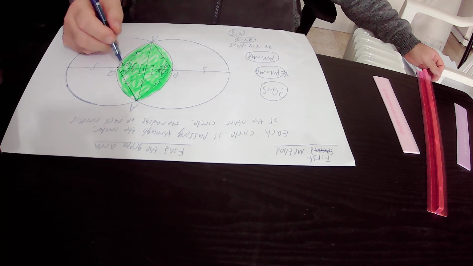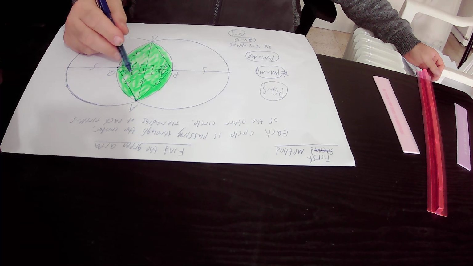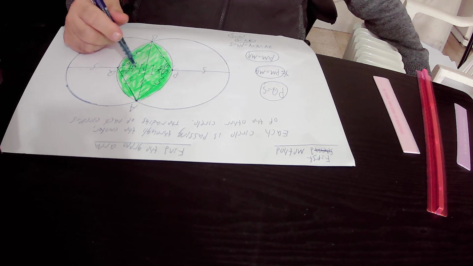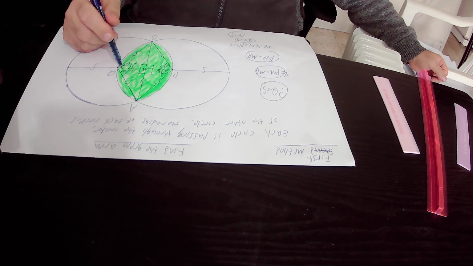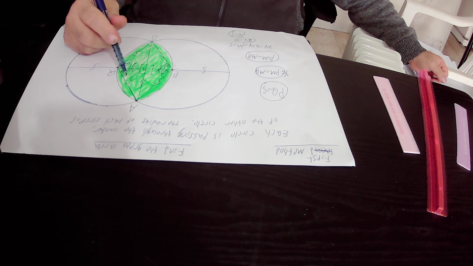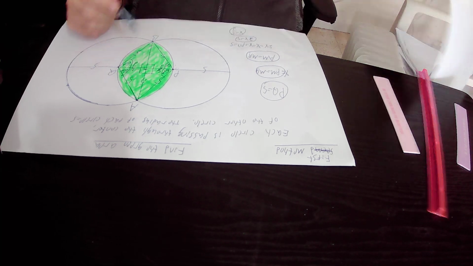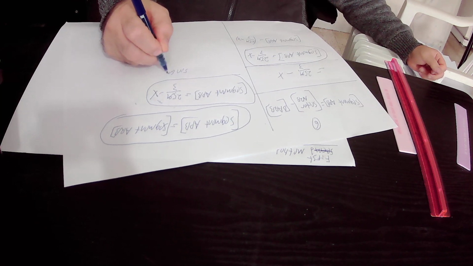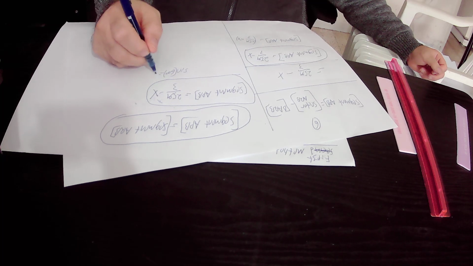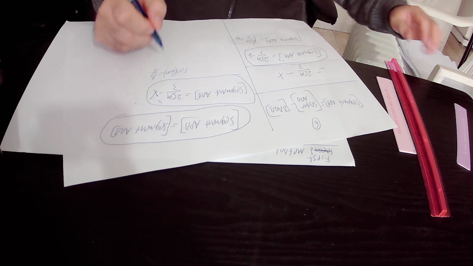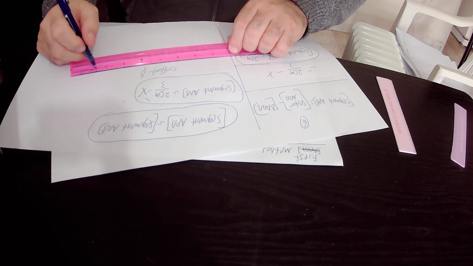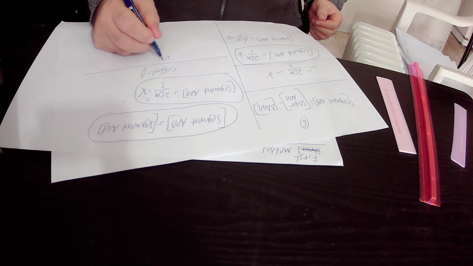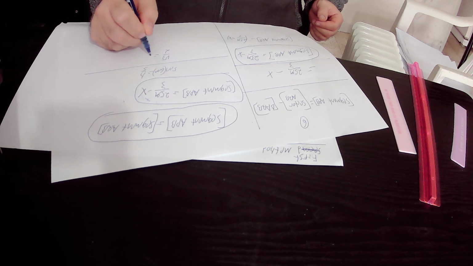So here we'll focus on the right triangle AQM. In the right triangle AQM, sine 60 degrees equals H over 5. Sine 60 degrees is square root of 3 over 2, and it equals H over 5.